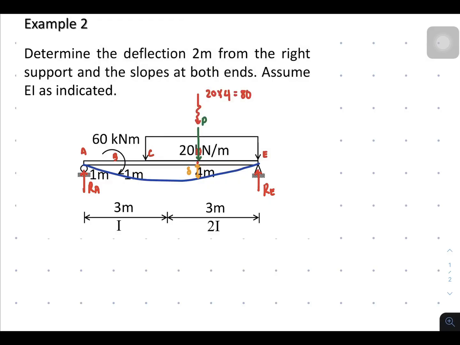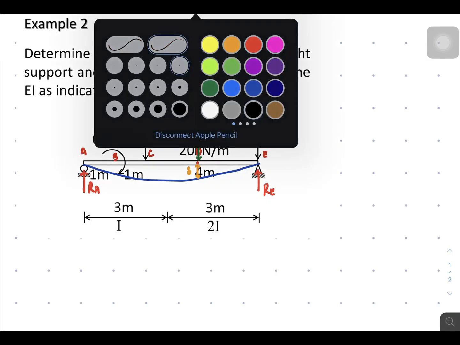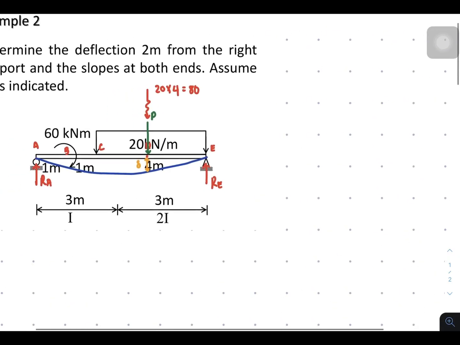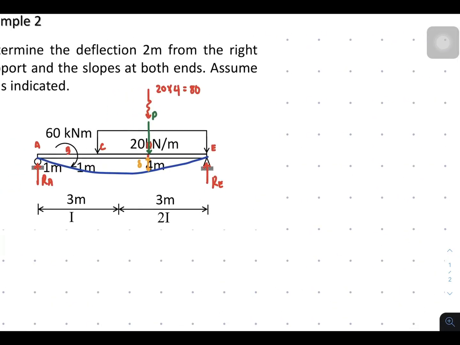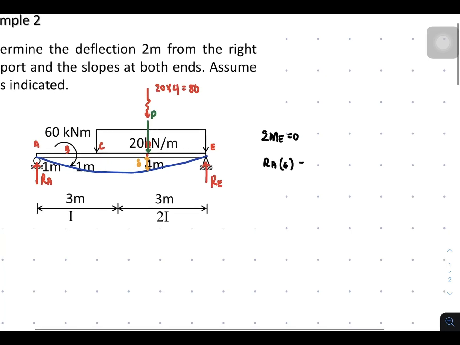With that, we can now create the moment equation to get the reactions. Summation of moment about point E, so that we can solve for RA times 6, plus 60 minus 80 times 2 minus P times 2. Do not forget that P exists.